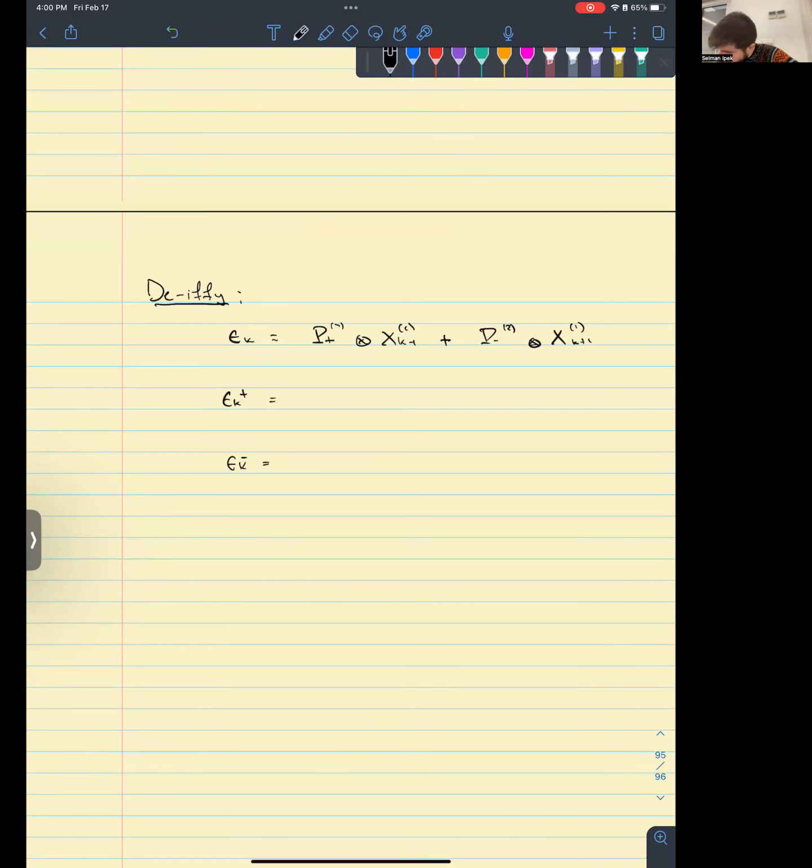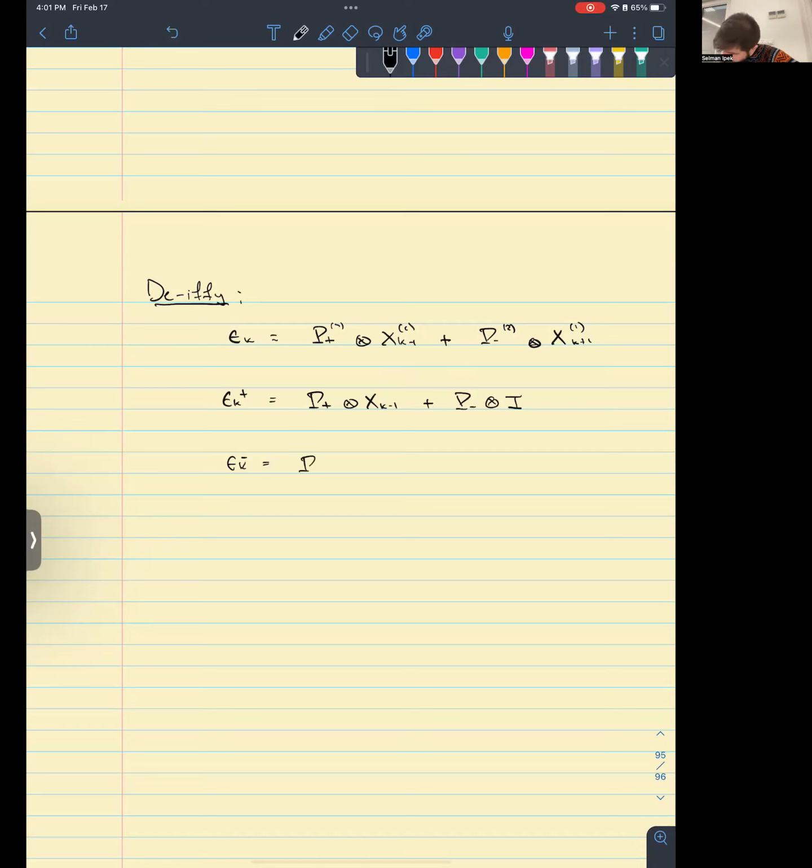And so let's see if I can write these down more or less quickly. Anytime there's a P, it will be for the third qubit, so I'll just drop that superscript. And the other one will be on the first one. So just to give us a little bit of simplicity, P plus, P minus tensored with the identity on the first qubit.